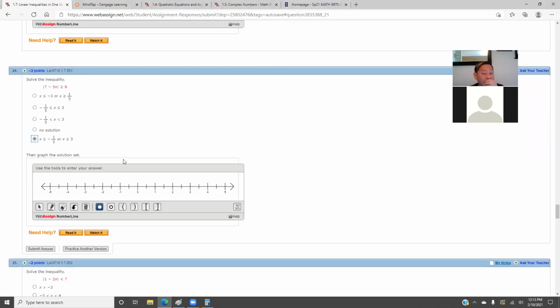How do you graph this? -1/5 is -0.2. 0.2 is right here, and it goes towards this side. And then the other one is 3, open up and goes to the right side. I think that's how you do this one.